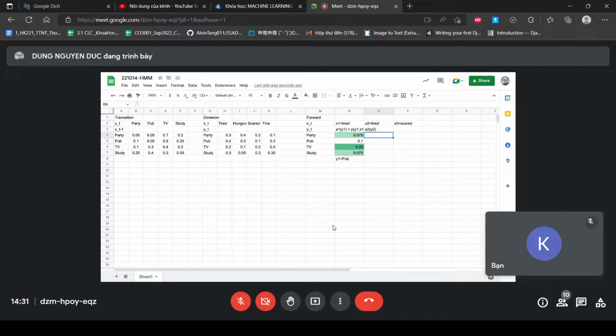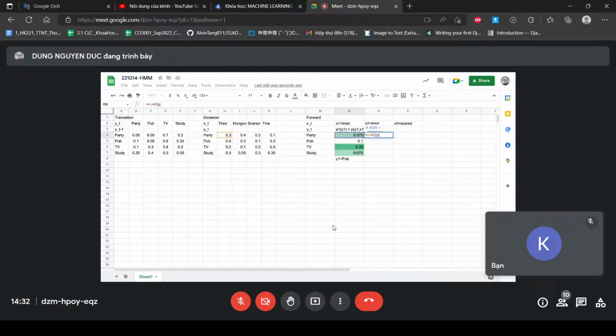Well, if you recall, it will be equal to the probability of observing tired, which is x2, given the state, multiplied with the probability of yt given yt minus 1 multiplied with the previous alpha.